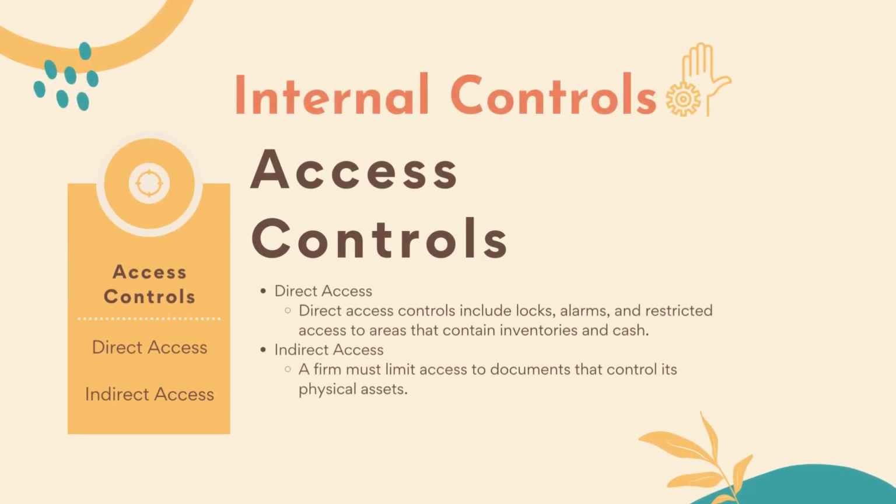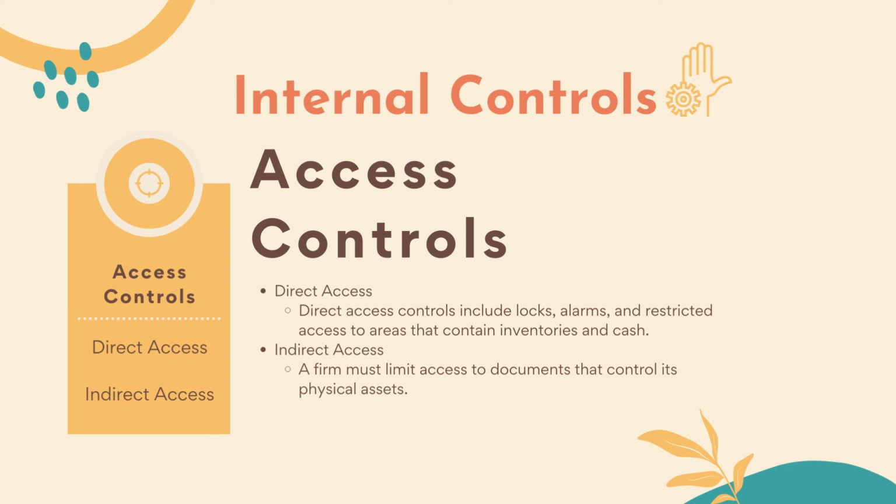Access controls. Direct access. In the expenditure cycle, a firm must control access to physical assets such as cash and inventory. These control concerns are essentially the same as in the revenue cycle. Direct access controls include locks, alarms, and restricted access to areas that contain inventories and cash. Indirect access.